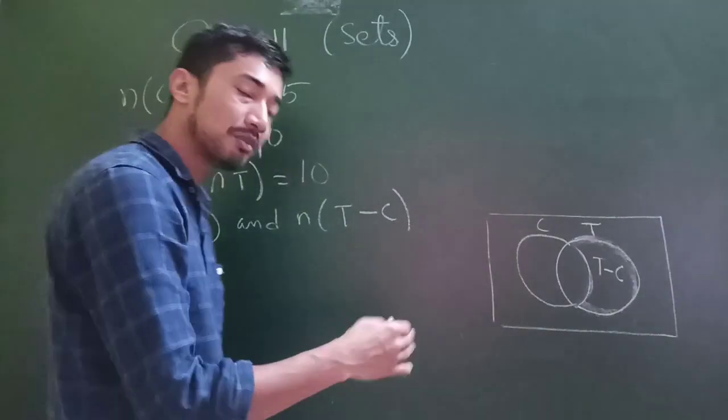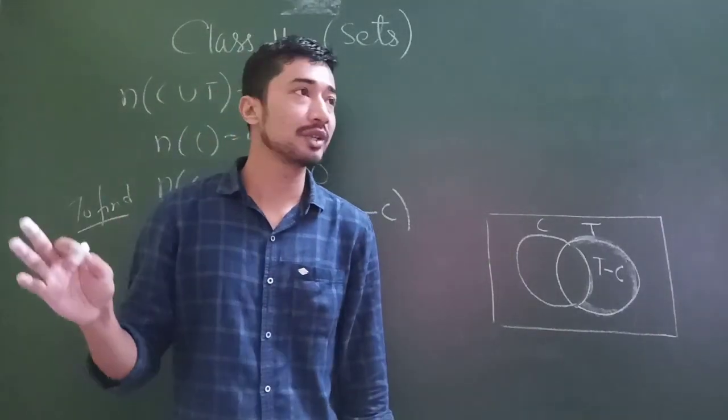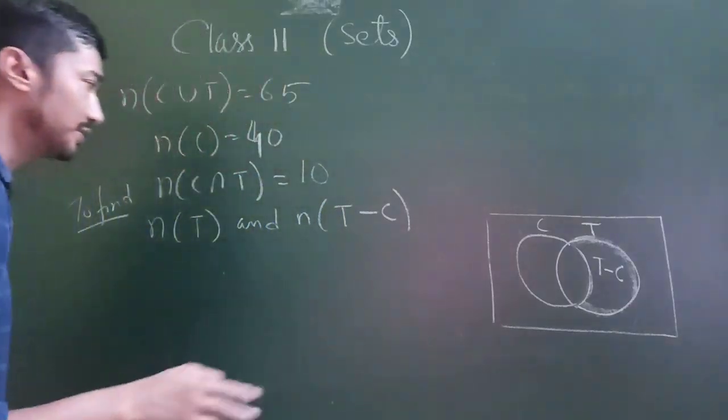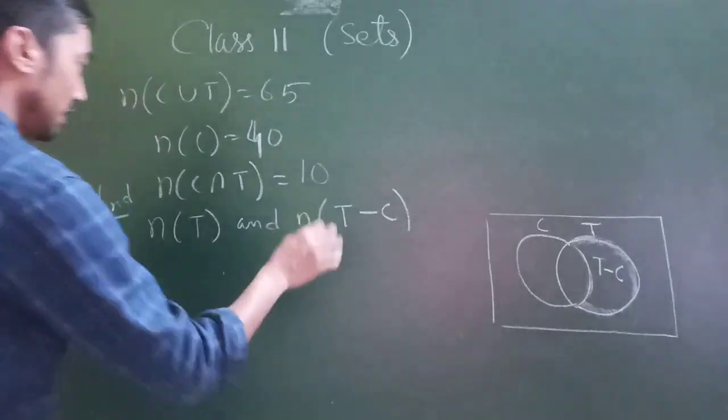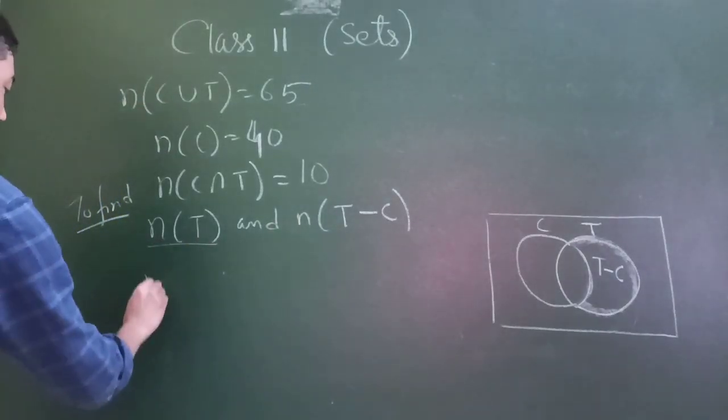About the formulas, as I was saying, no need to memorize the formulas. I'll show you. That's why I always say, watch the full videos. So let's first find out the number of people who like tennis.